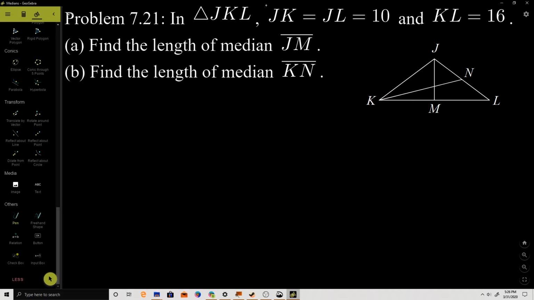Well, we know that JK, so JK, JL are the same, and they're both equivalent to 10. Hopefully it triggers something right off the bat, but let's also mark that KL is 16.